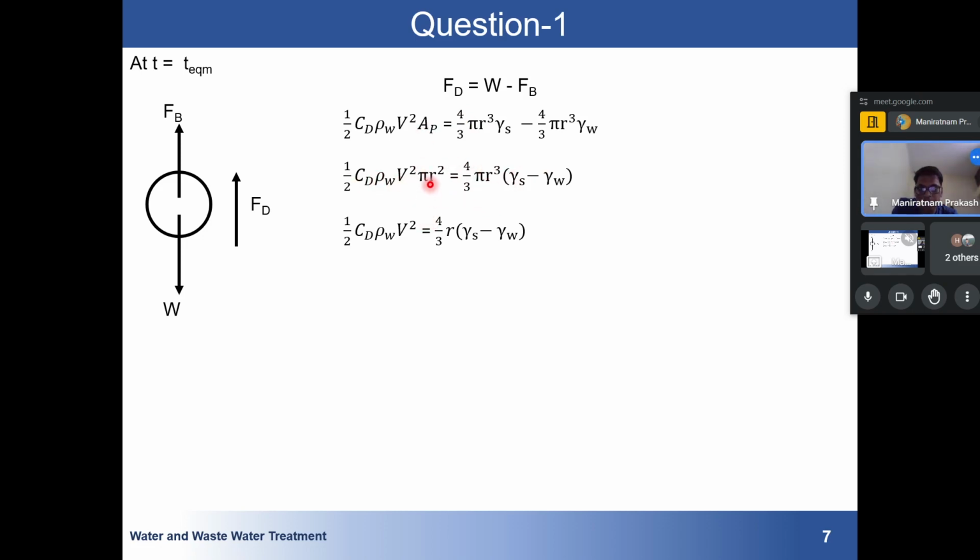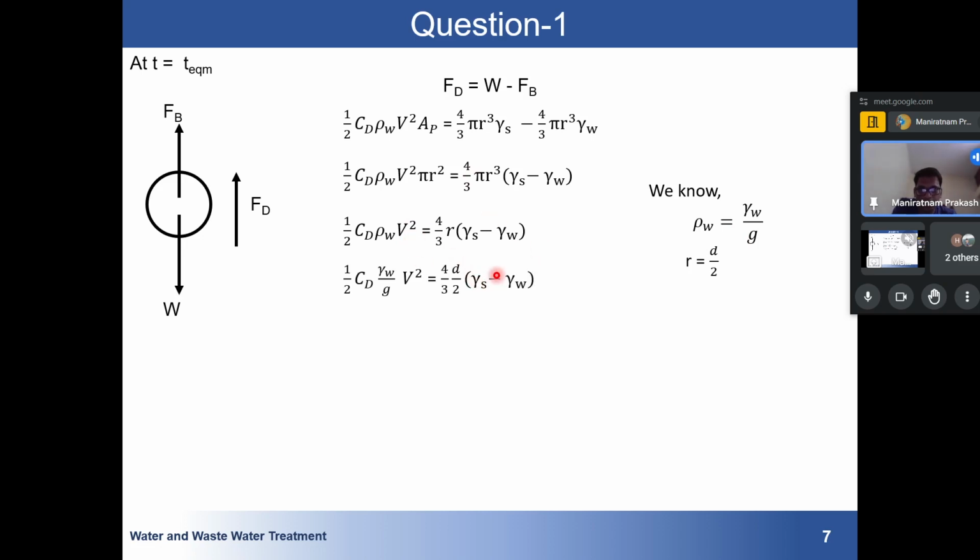The area will be substituted by pi r square, and this r square will get cancelled out, this pi will get cancelled out, and we will be left with this equation. And we know that the density of water is the specific weight divided by the acceleration due to gravity, and the radius is d by 2. So we will be putting this value here.